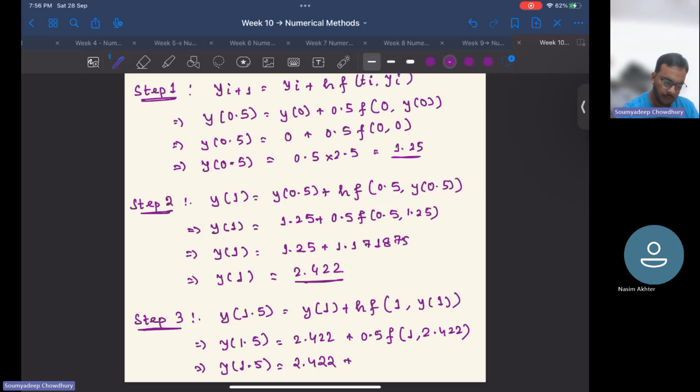So it is 2.422 plus 0.9567, which is 3.379. So here y of 1.5 we are getting as 3.379.